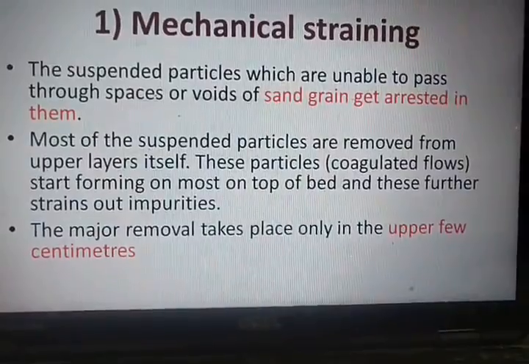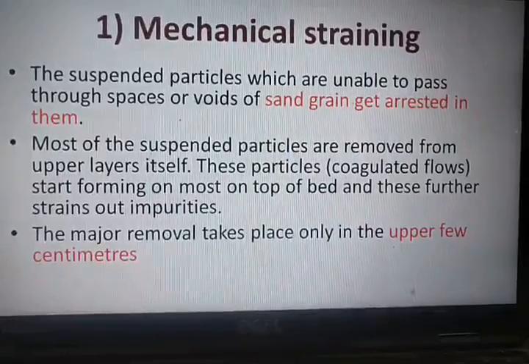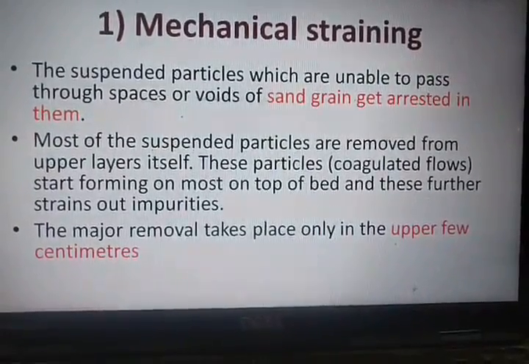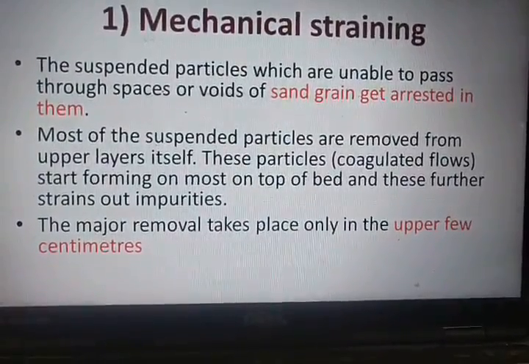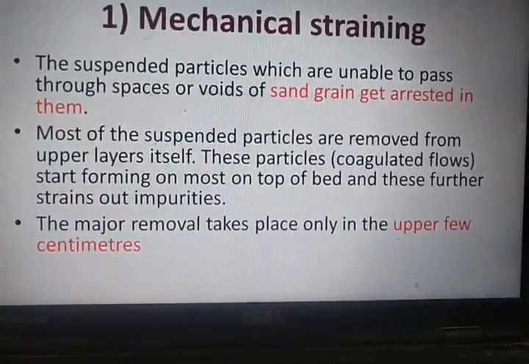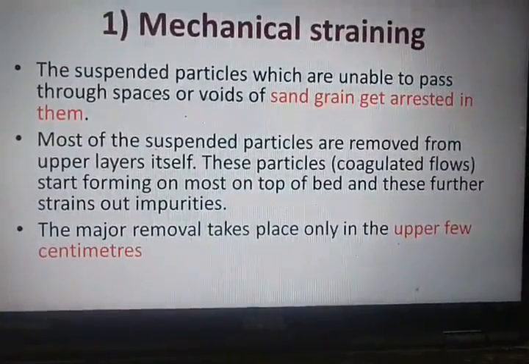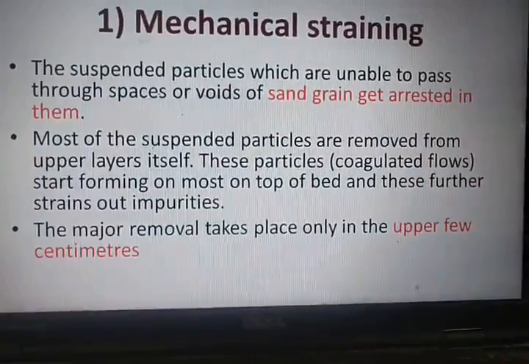Similarly, in the treatment of water, the particles which are unable to pass through the spaces between the sand particles, which act as a straining material, get strained and arrested in the sand. That mechanism we call mechanical straining.